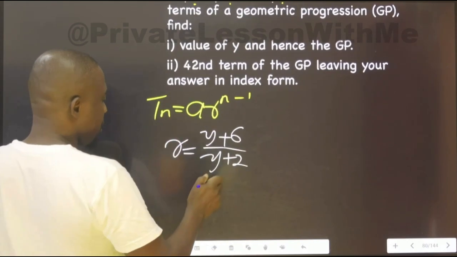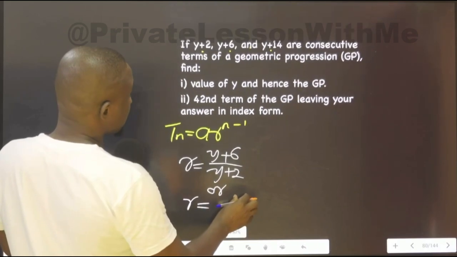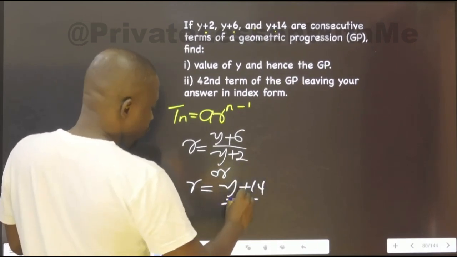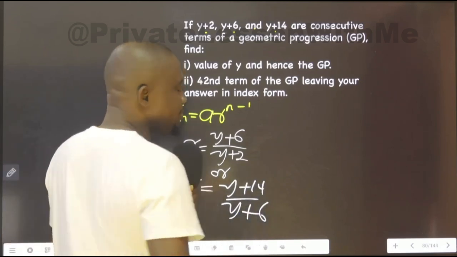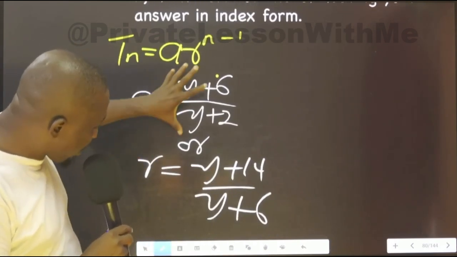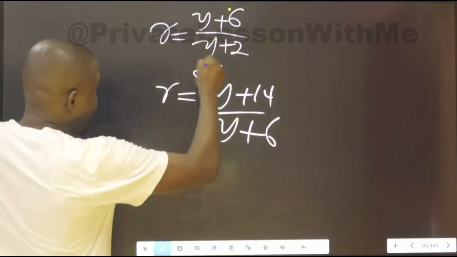Or we say r is equals to y plus 14 over y plus 6. With this now, because this and this are the same, we can equate this and this. That is to say, this is equals to this.